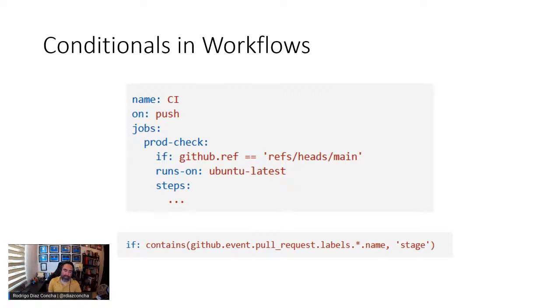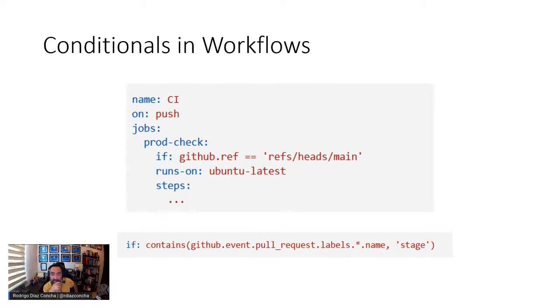Okay, so the exercise in the workflow is going to use some conditionals. The conditionals are great because they allow you to specify that if a certain condition is met, then you want to execute the job.